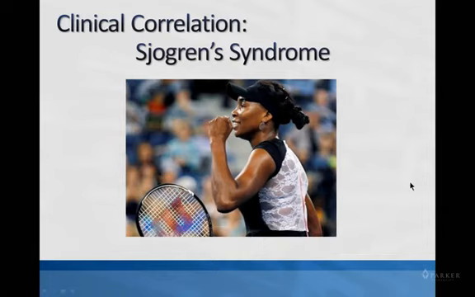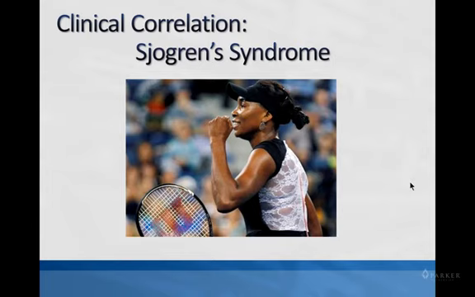So a clinical correlation is something called Sjogren's syndrome. Now, Sjogren's syndrome is an autoimmune condition in which initially what it does is it destroys the glands in the oral cavity, the salivary glands, as well as the lacrimal glands.